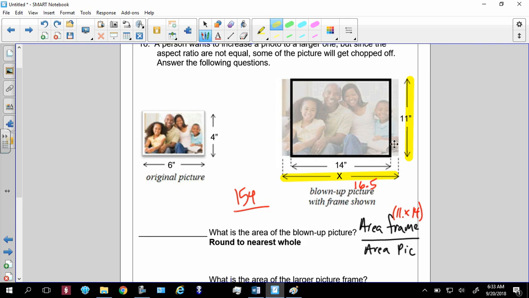So 16.5 times 11. So let me write it down here. 16.5 times 11. Do the math, and you get 181.5.